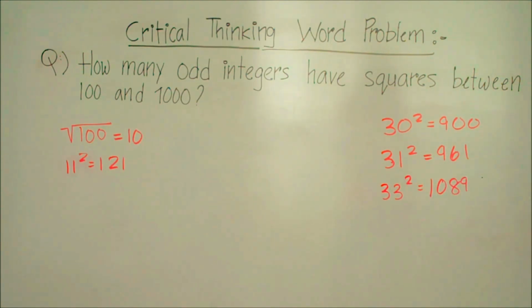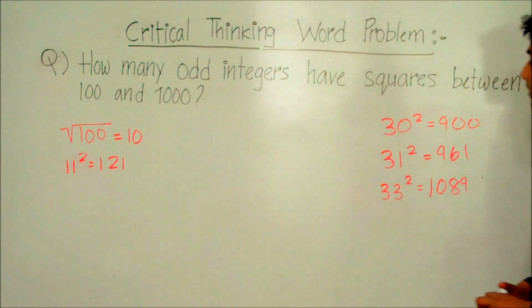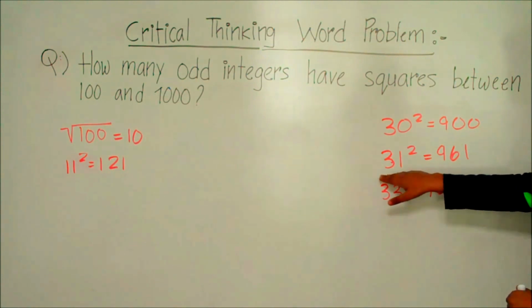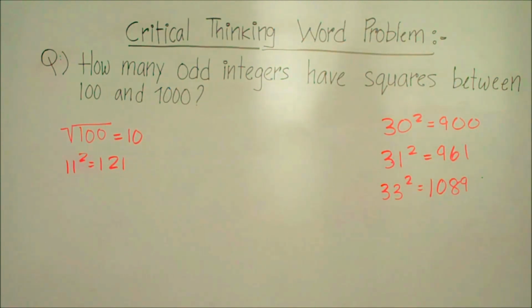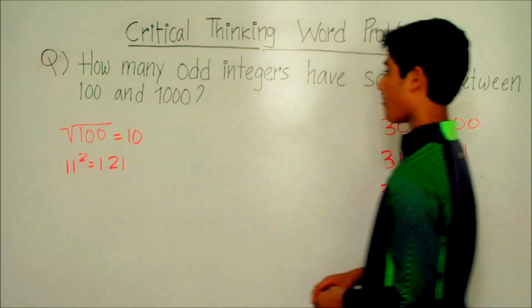As we can see, 1089 is not between 100 and 1000. So that means that 31 is the maximum positive odd integer that has a square between 100 and 1000.